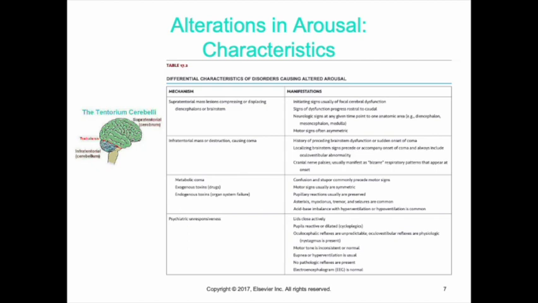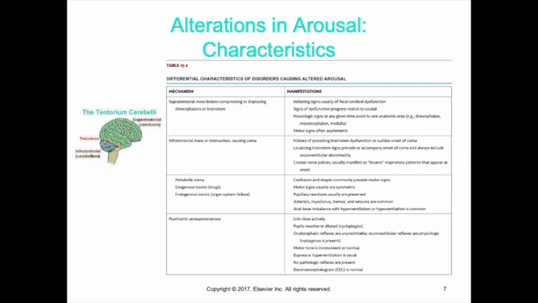If there's an acid-base imbalance, that would cause hyperventilation or even maybe hypoventilation. This is also common with metabolic coma or exogenous toxins like drugs, or endogenous toxins that can occur with organ system failure.